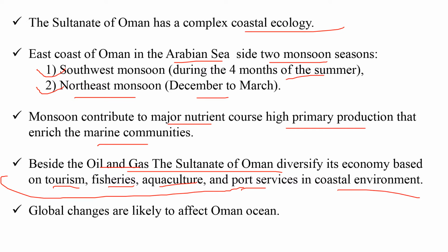That's why ICZM, integrated coastal zone management, is very important in the context of Oman. But global changes, that is global climate change, ocean acidification, anoxic conditions and sea level rise, much more affect the coast of Oman.